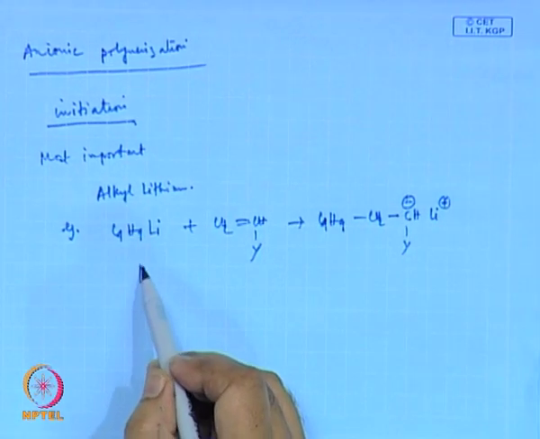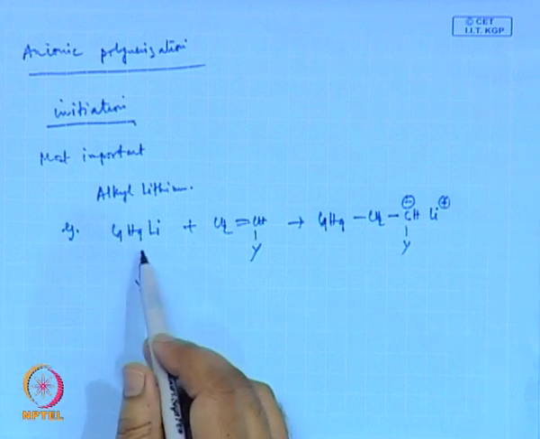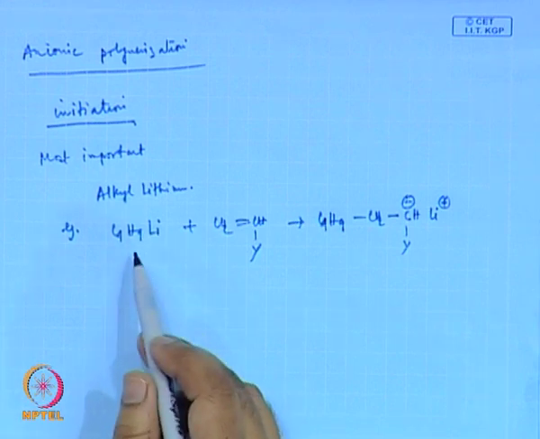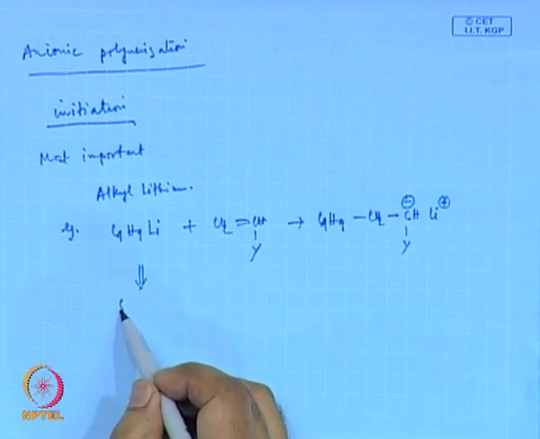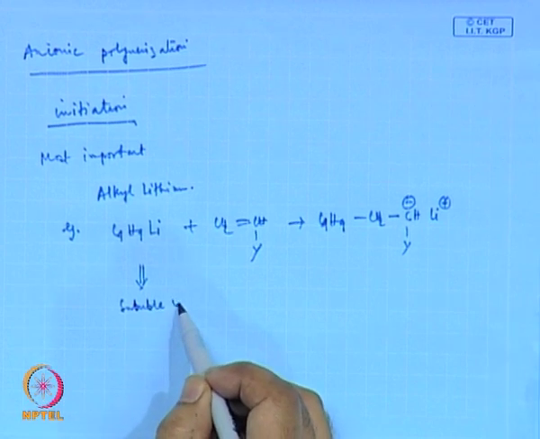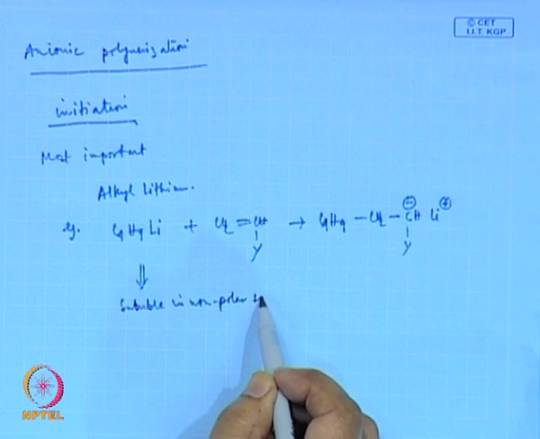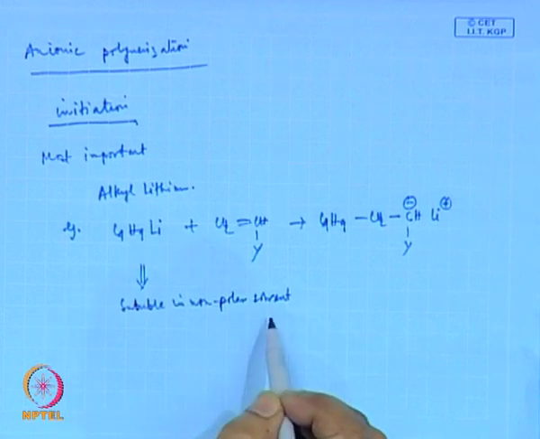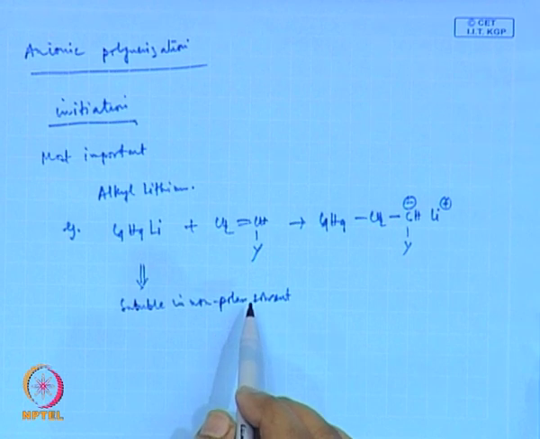Now, these alkyl lithiums are required to make these initiators soluble in organic solvent, or soluble in non-polar solvent, as we have discussed earlier, that anionic polymerizations are typically done in aliphatic hydrocarbons or aromatic hydrocarbons.